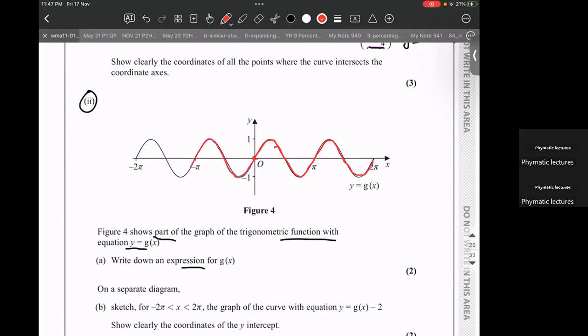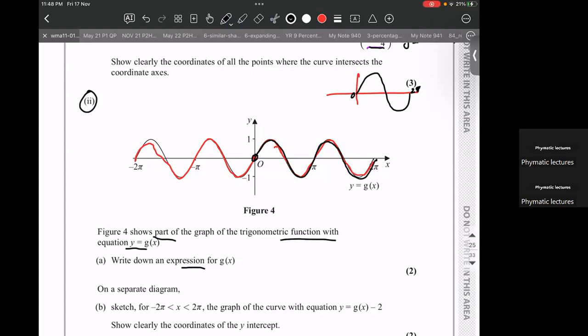Correct? And we know usually a complete sine graph will make one complete cycle in between 0 to 2 pi. So here you can see how many cycles in between 0 to 2 pi. 2 complete cycles you can see here. So what that means?